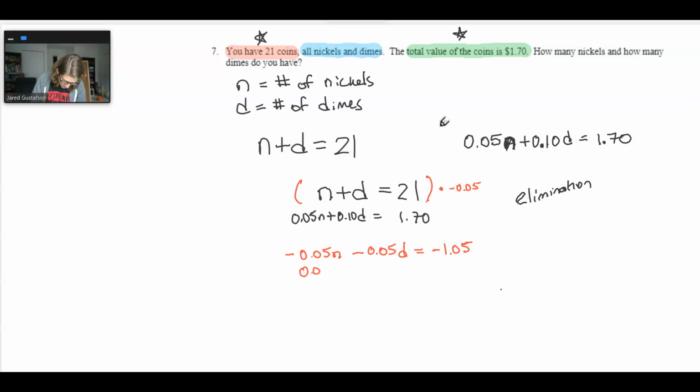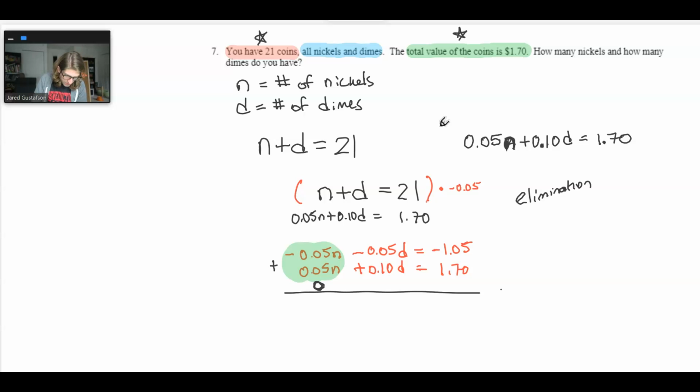Then we take our other equation, which we don't have to multiply anything to. That's nice. 0.10D equals 1.7. Now we've got opposites in front of N, so we're ready to add our equations together.